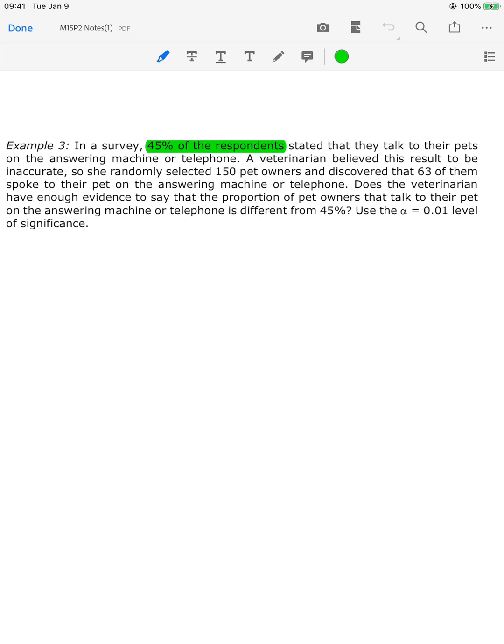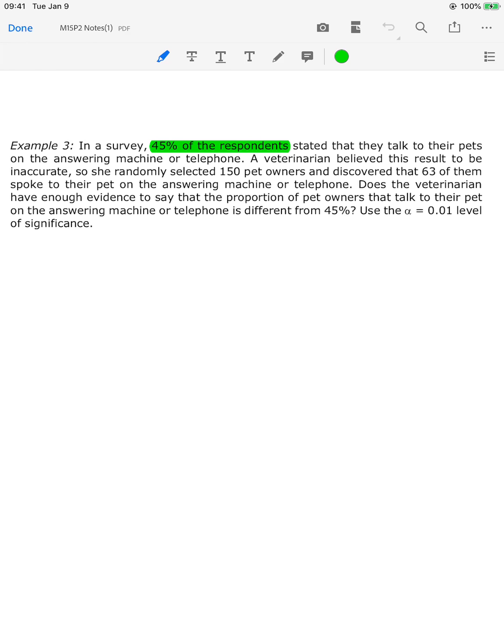The veterinarian randomly selected 150 pet owners and discovered that 63 of them spoke to their pet on the phone. Does the veterinarian have enough evidence, so hypothesis test, to say that the proportion of pet owners that talk to their pet is different from 45%? Alpha equals 0.01 level of significance.